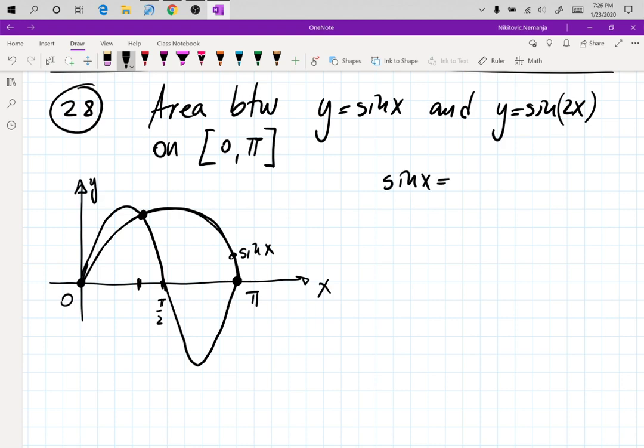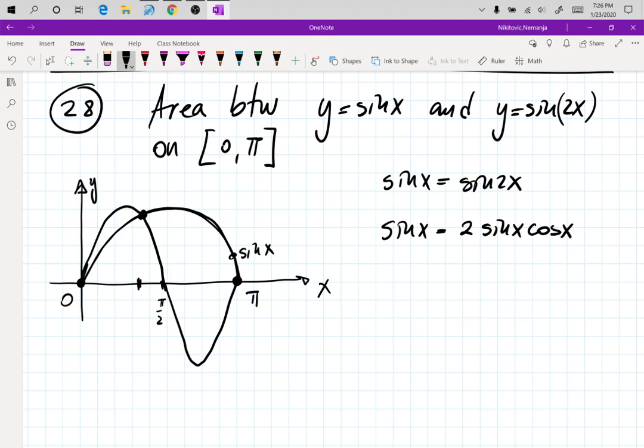So sine x equals sine 2x. This is where your knowledge of basic trig identities kicks in, because sine 2x is equal to 2 sine x cosine x. And then we bring all of the trig on one side and factor.